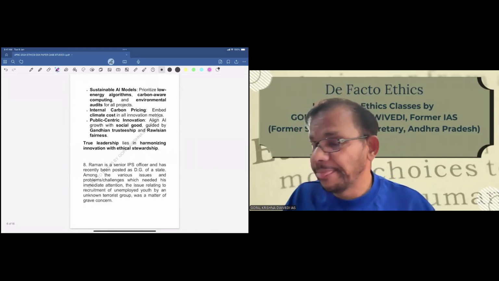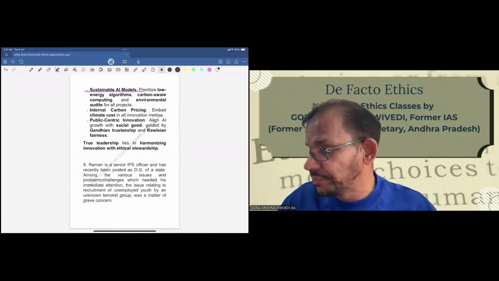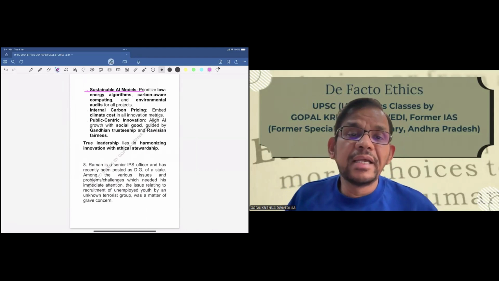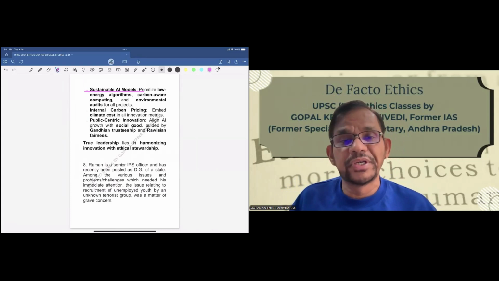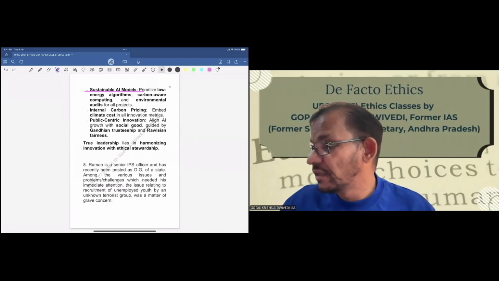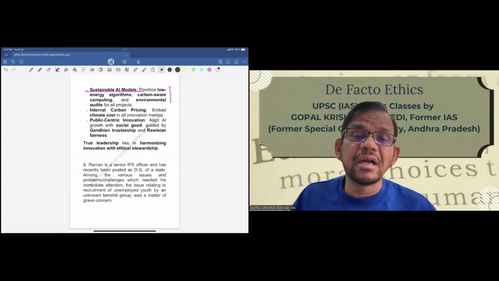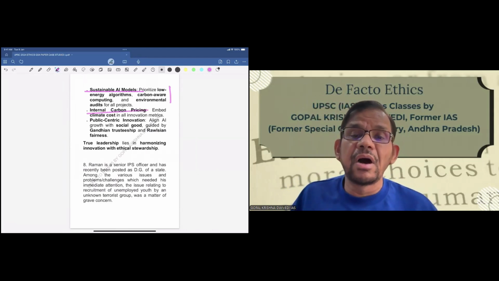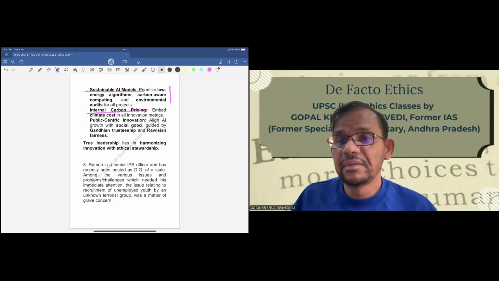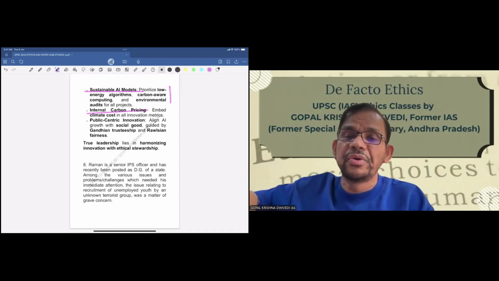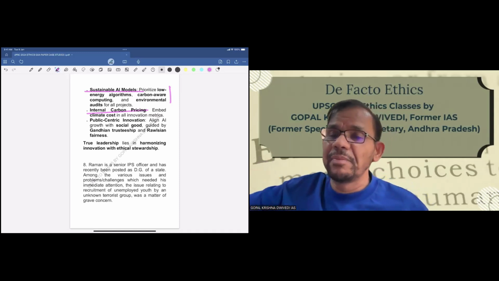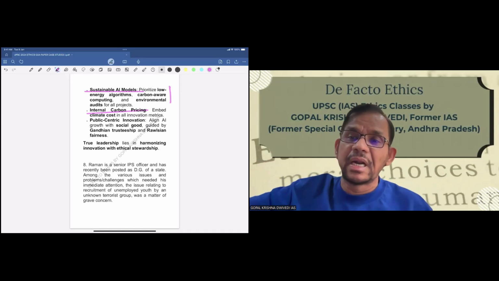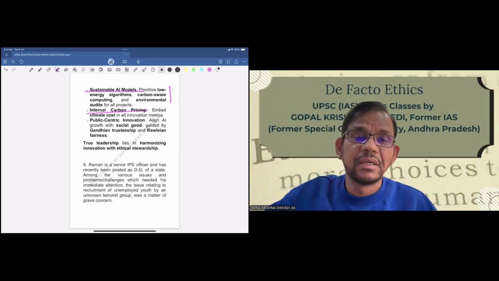What is second? Sustainable AI models. Prioritize low-energy algorithms, carbon-aware computing, and environmental audits for all projects. Third is internal carbon pricing. Embed climate cost in all innovation metrics. So internally in the organization also, you try to penalize whichever branch, department, or data center is not performing properly.